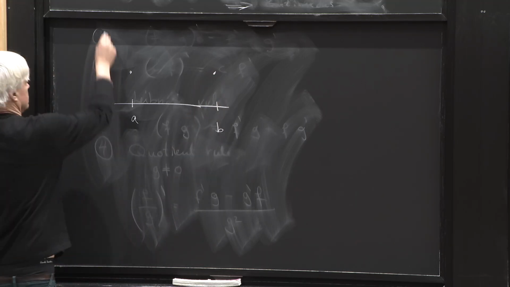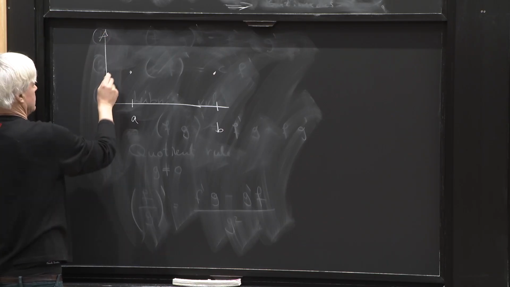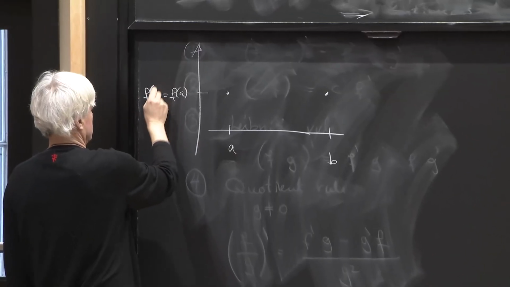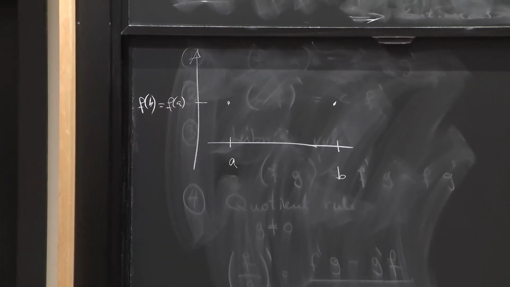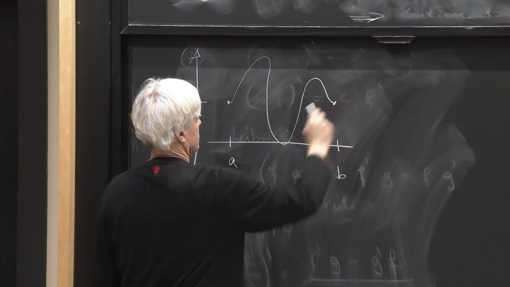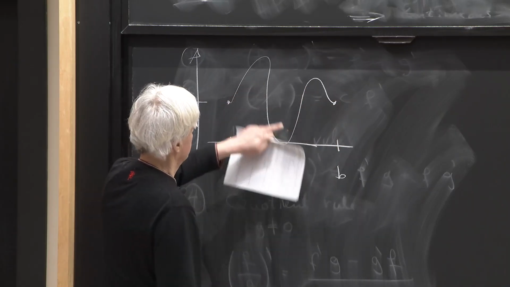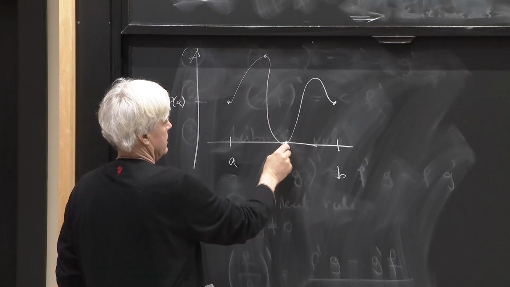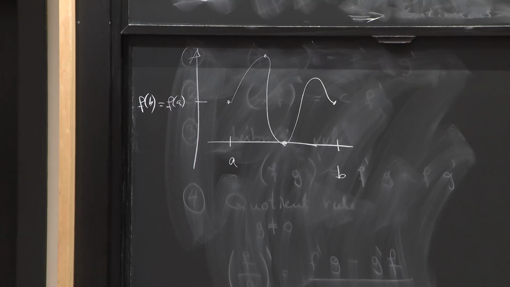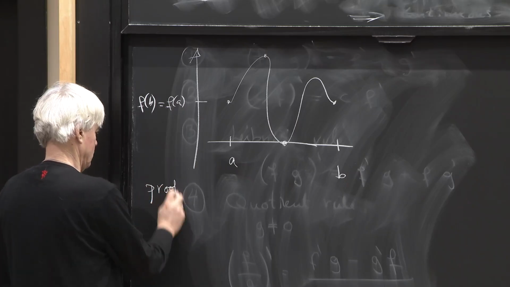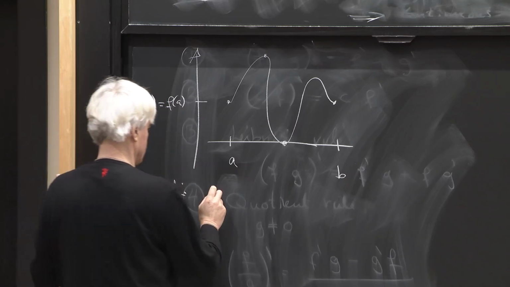So this here is f of a, and that's the same as f of b. And then who knows what happened in between? Maybe like this. And the claim is that there's always some point where the derivative is 0. In this case, it looks like those two would be the points where the derivative is 0. And the proof is just this. There are 3 cases to consider.